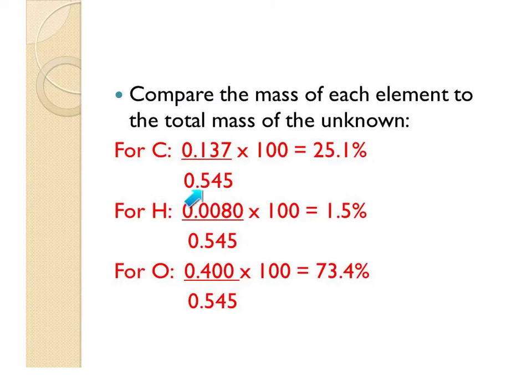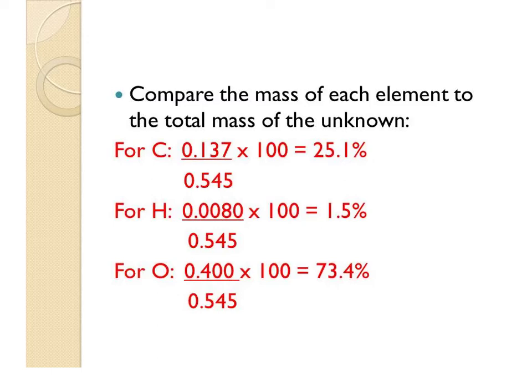Our total mass of the unknown from the other slide is 0.545. So we're going to find the percentage of each element based on that. We have the mass of the carbon over the 0.545 times 100, the mass of the hydrogen over the 0.545 times 100, and the mass of the oxygen over the 0.545 times 100.